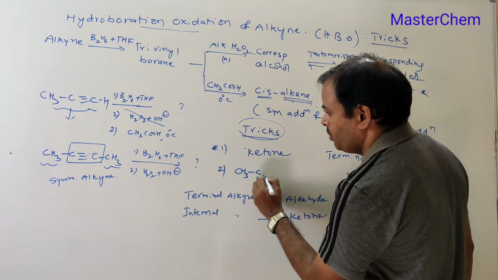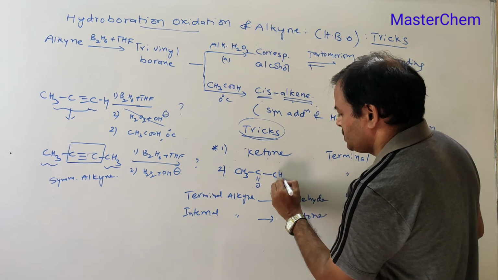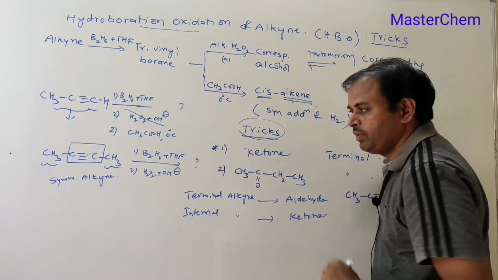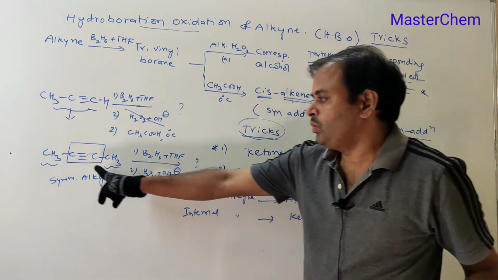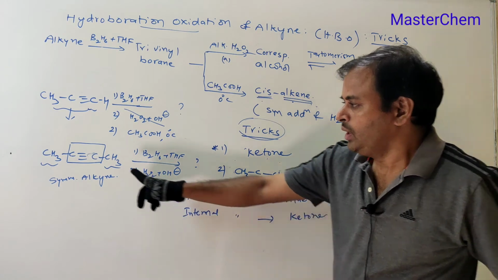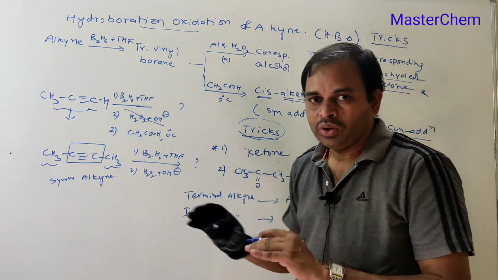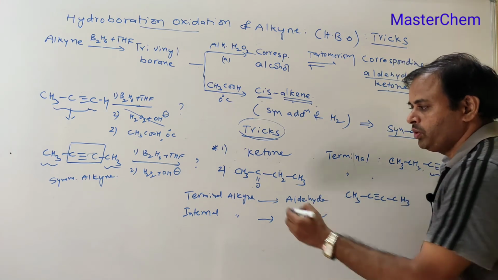CH3 C double bond O, CH2 CH3. The remaining carbon just satisfy the valency with hydrogens. Just replace one of the carbons as a keto group. This carbon or this carbon, both are the same. Now this is the product.